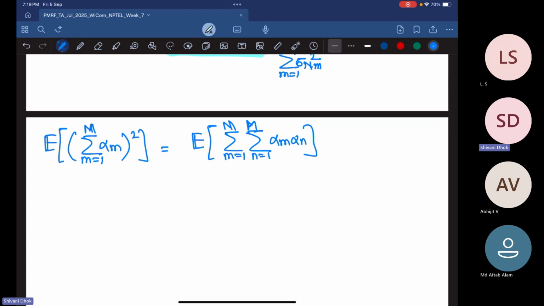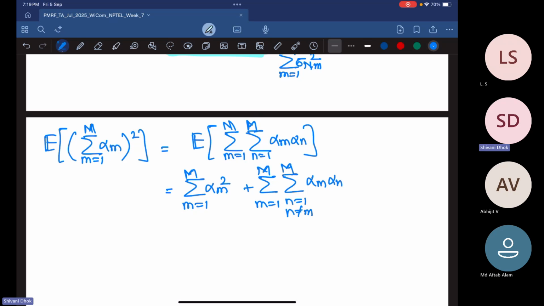Now I can separate it out into two summations. The first one is summation m equal to 1 to capital M alpha m square, the case where m is equal to n, plus summation m equal to 1 to M, summation n equal to 1 to capital M for n not equal to m, alpha m alpha n. And you have an expectation here.